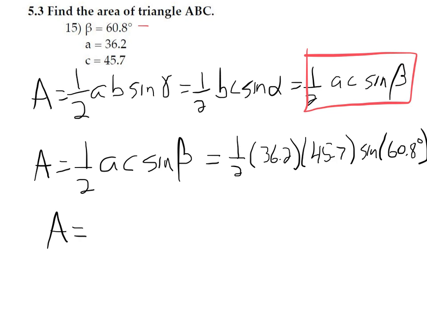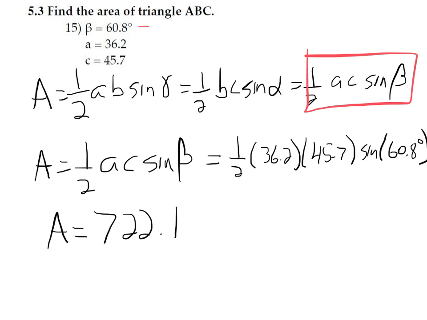We'll go to our calculator, make sure you are in degree mode, and you get A equals 722.0549, so we will go to one decimal, 722.1. And I'm going to write units squared.